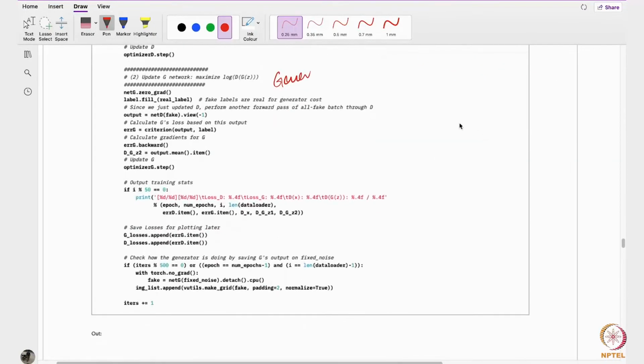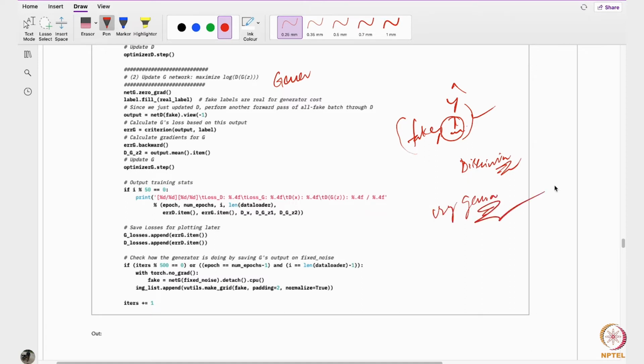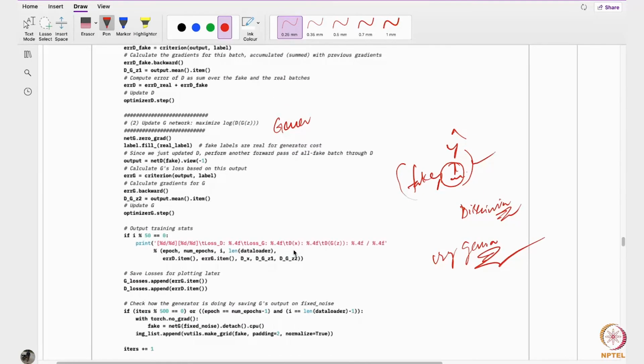Whereas for the generator, for the fake images themselves, they keep the target value as 1, so that we are fooling the discriminator using the generator. This is how it goes, and the loss values, error values, everything is computed.